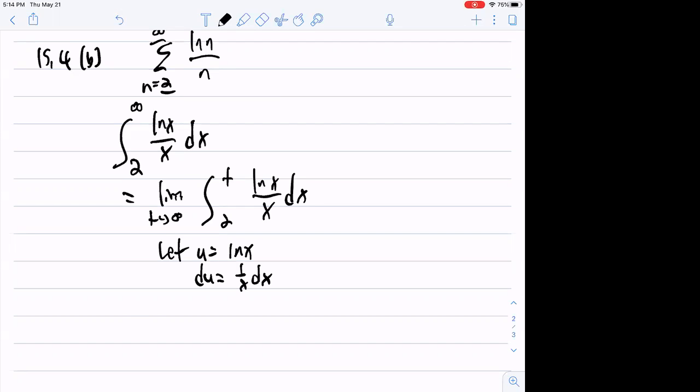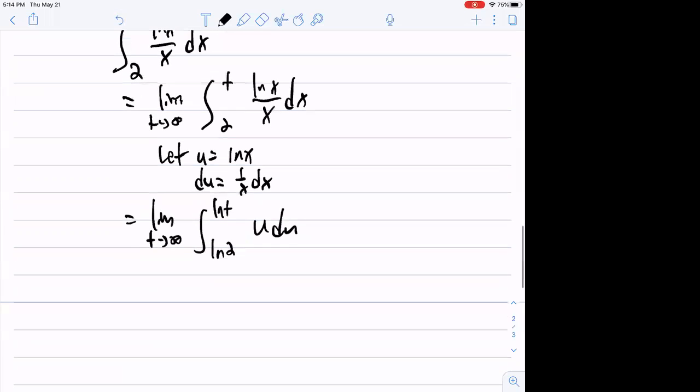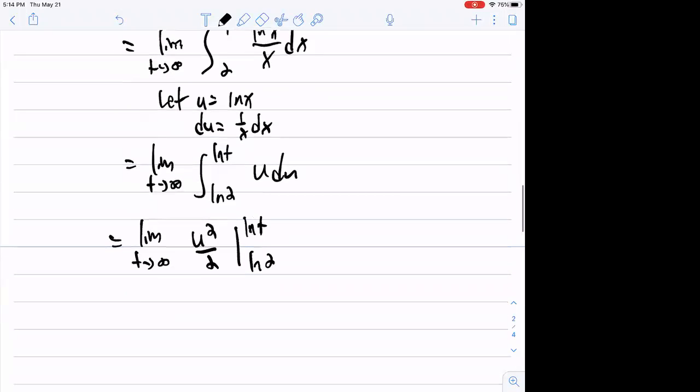So you get the limit as t goes to infinity of the integral, where when x is t, u is ln t, and when x is 2, u is ln 2. And then it's just u du. This is basic calculus: ln t squared over 2 minus ln 2 squared over 2, with a limit.